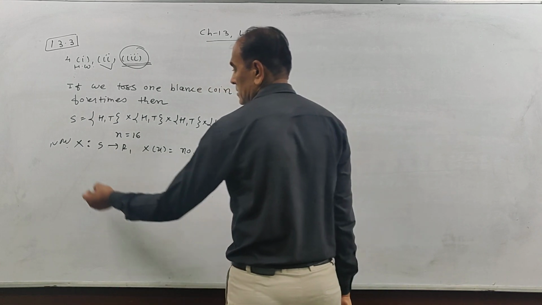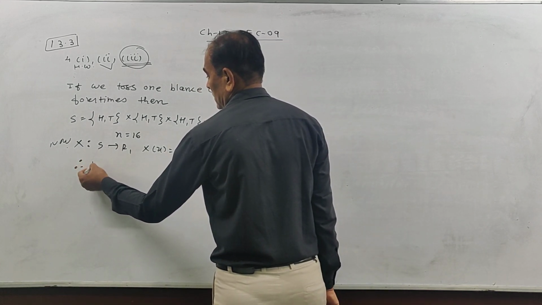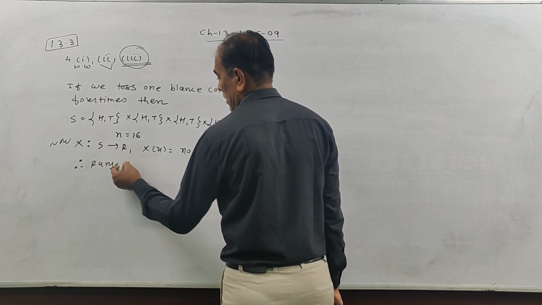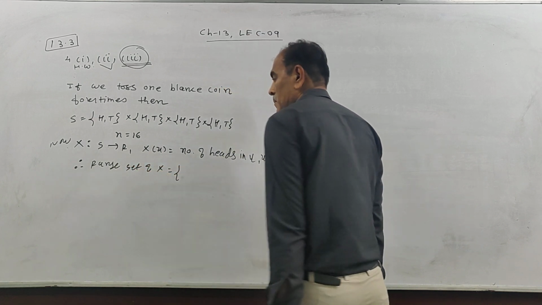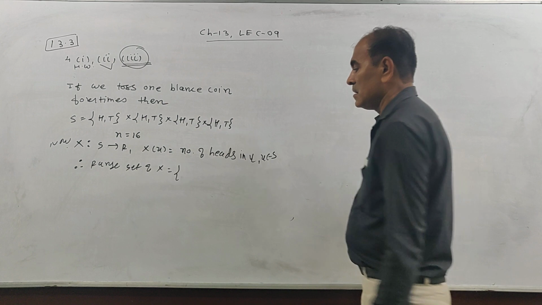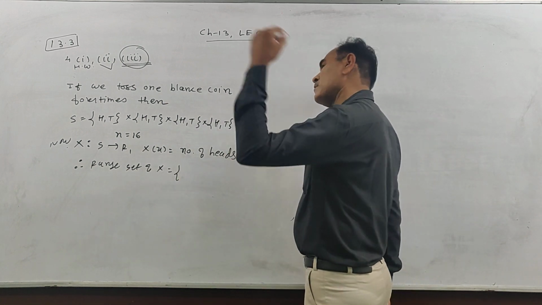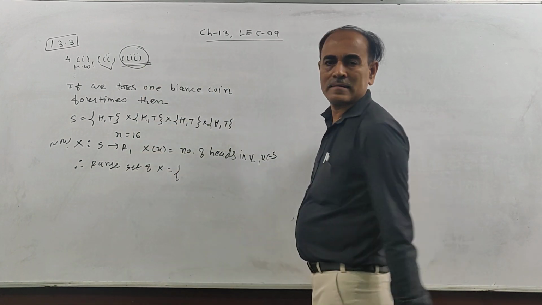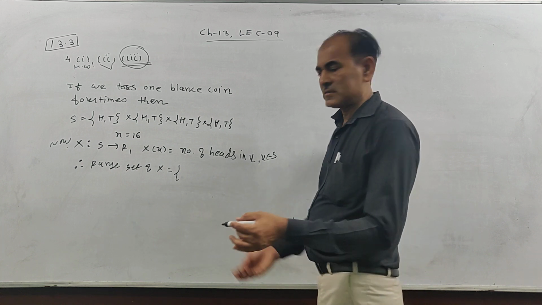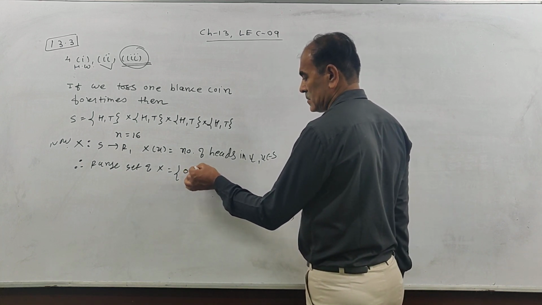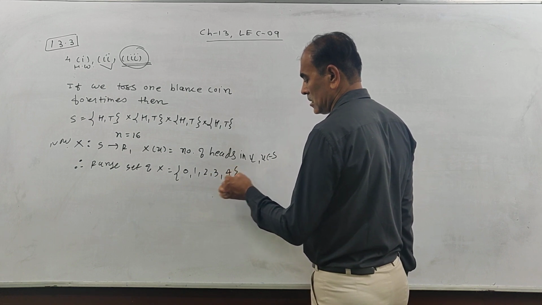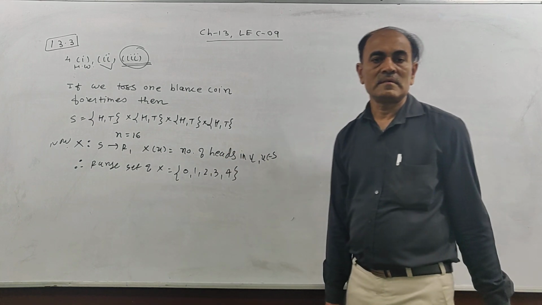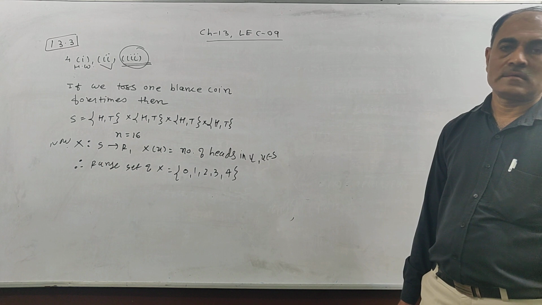What is the range set? The range set of X: in 4 tosses, at most 4 heads are there, 4 or less. That is number of heads 0, 1, 2, 3, 4. This is the range set.